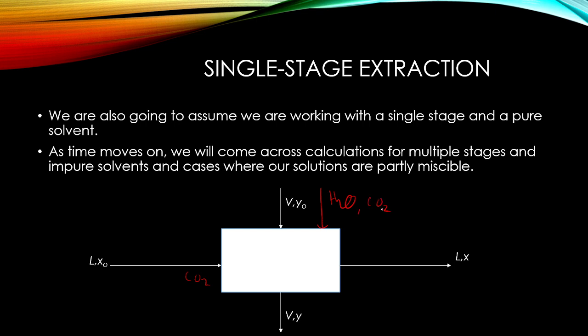In that case, it's not going to be pure. So the Y naught, that's the fraction of the solute in the solvent, will not be zero. But in the case where it's a pure solvent, then Y naught can be equal to zero. So this is going to be impure, and this is going to be pure.